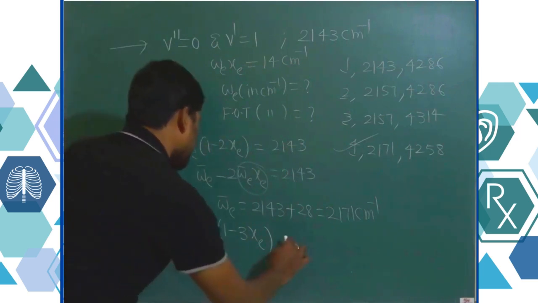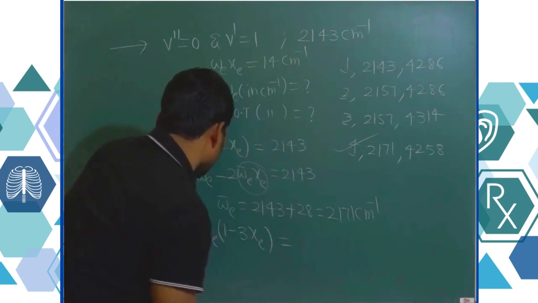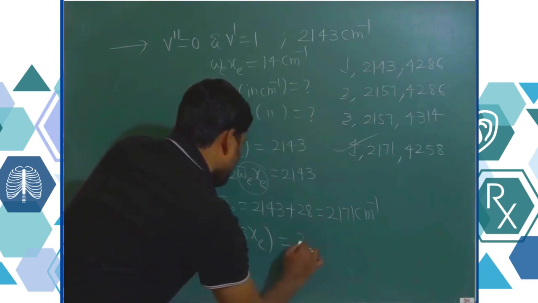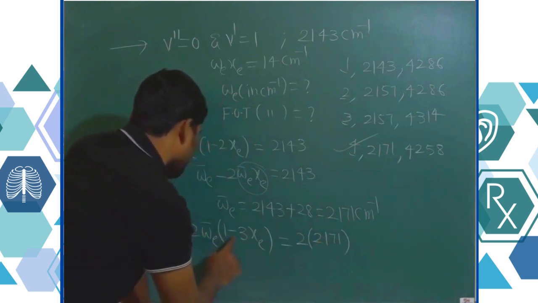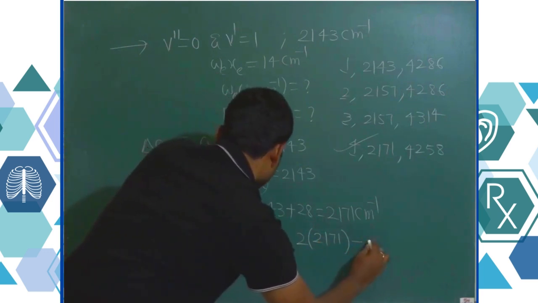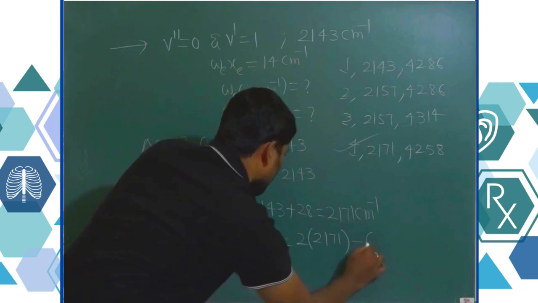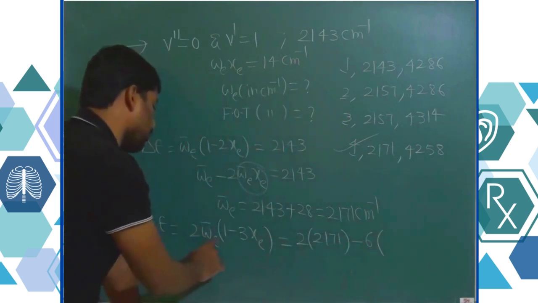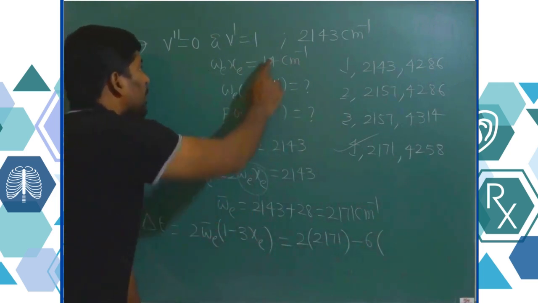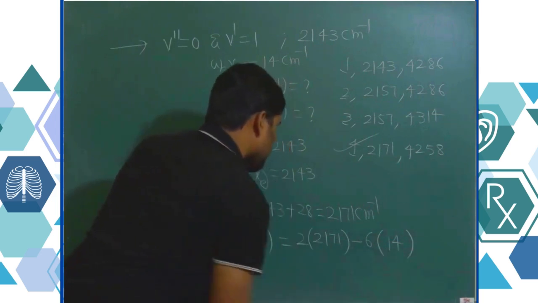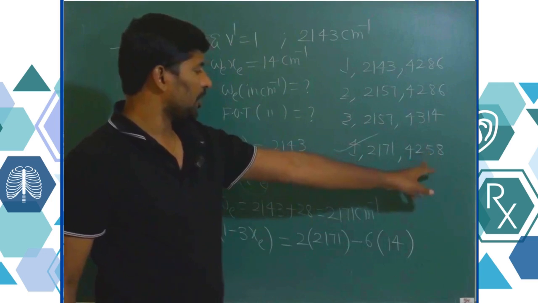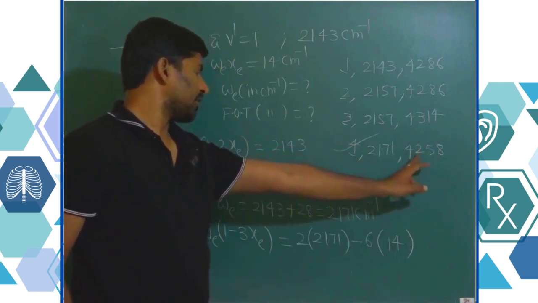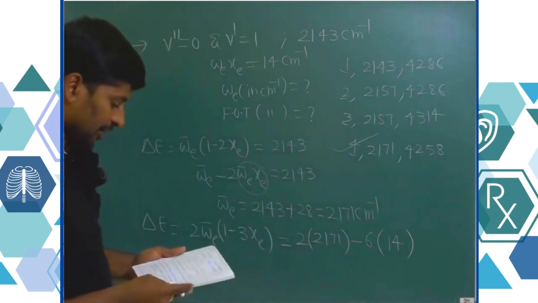So 2 omega bar e minus 6 omega bar e xe. 2 into the omega bar e value, 2171, is 4342, minus 3 into 2, 6, into the omega bar e xe value of 14, which is 84. If you subtract, you get 4258.